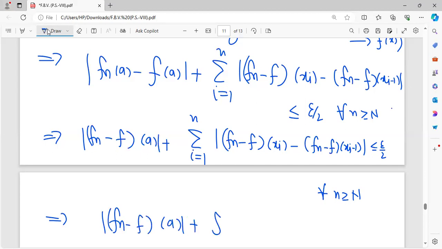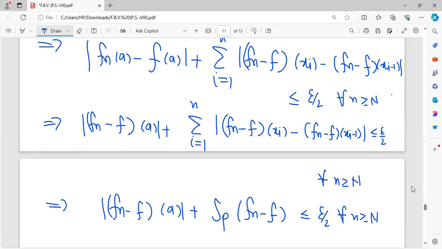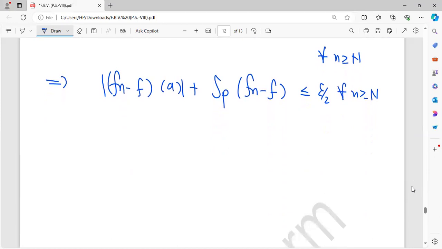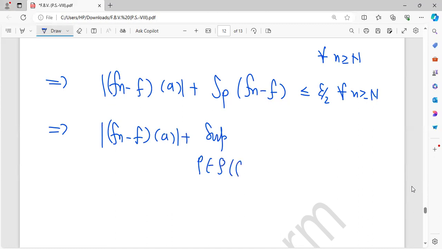This is S_P of Fn minus f, less than epsilon by 2 for all n greater than capital N. So this implies Fn(a) minus f(a) plus the supremum over P belonging to the partitions of [a, b] of S_P(Fn minus f) is less than epsilon by 2 for all n greater than capital N.